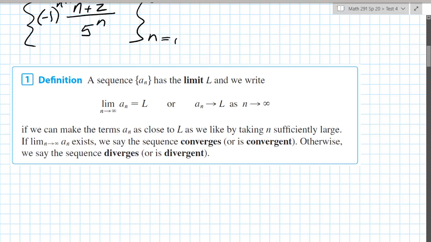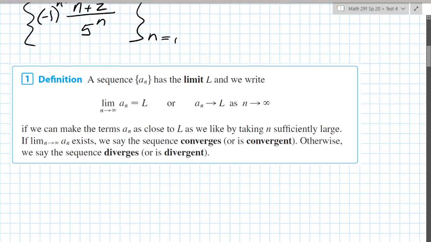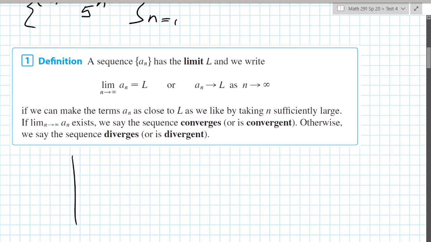So this kind of reminds you of limits of functions, except instead of having a function, what we have is like a set of points, because the values that n takes are integer values.